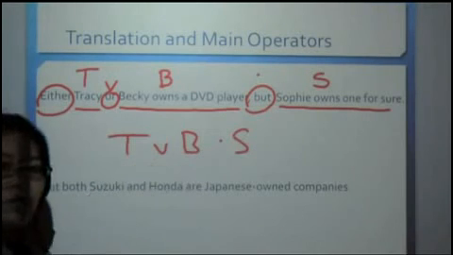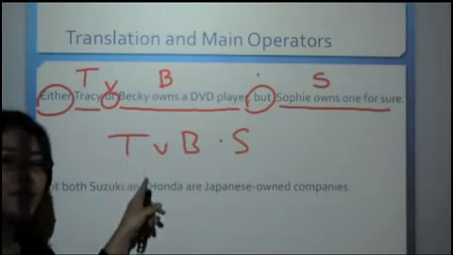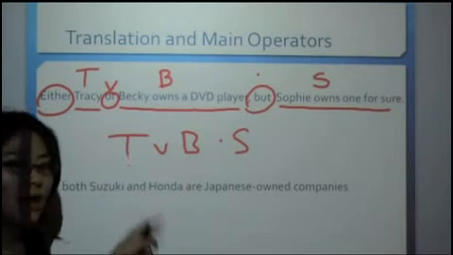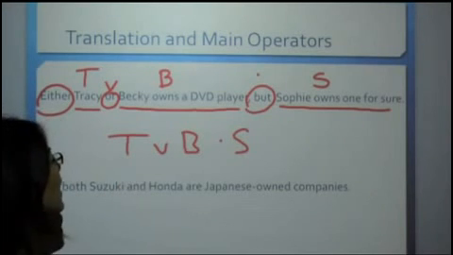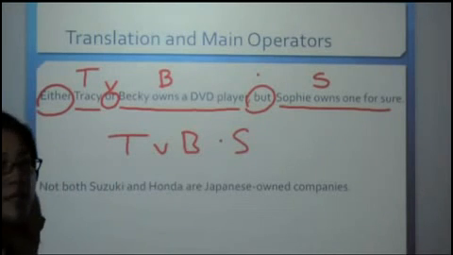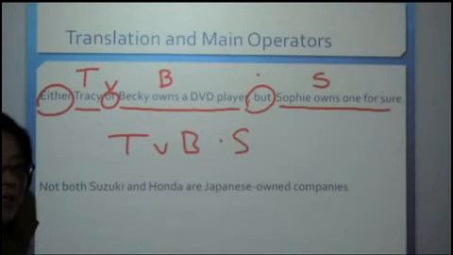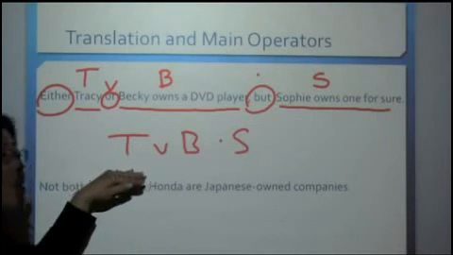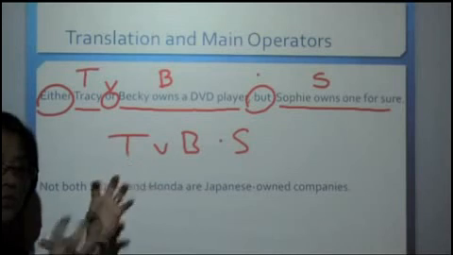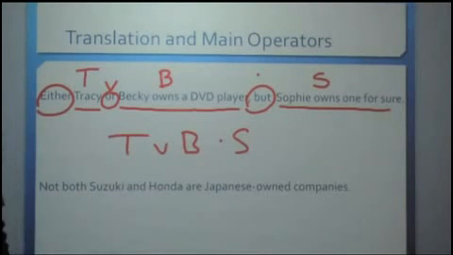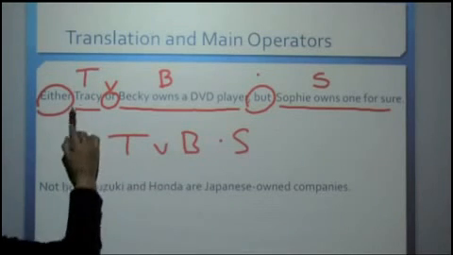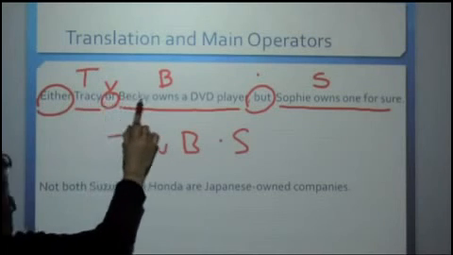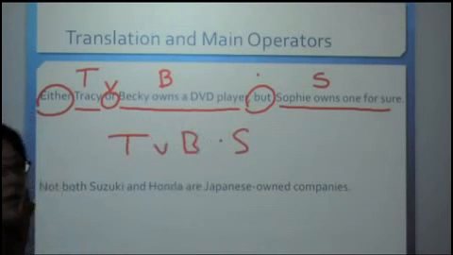However, this is not a well-formed formula because it's ambiguous. So we need to make sure to add parentheses in there, okay? And we want to add parentheses in order to correctly illustrate which statements along with the logical operator go together as one unit, okay? Now if you read the statement here, it says either Tracy or Becky owns a DVD player, okay?